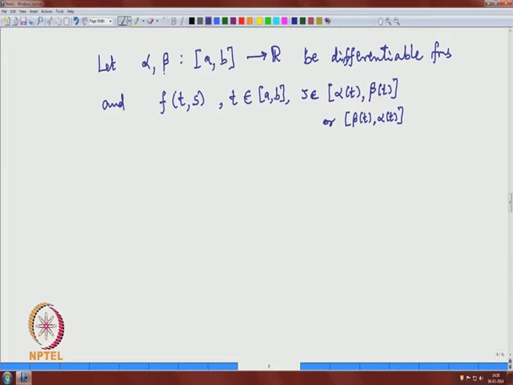Let f be a continuous function of both the variables, and the partial derivative of f with respect to the first variable is also continuous.